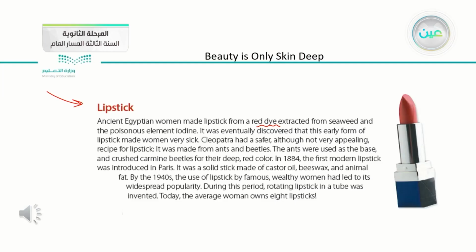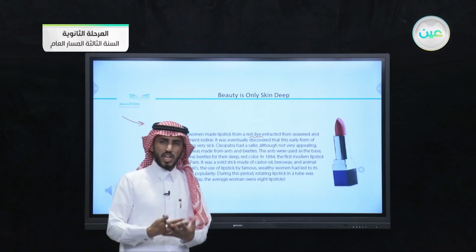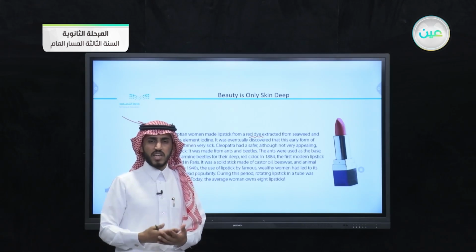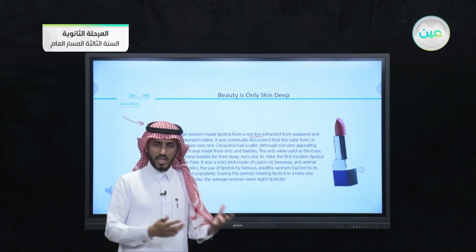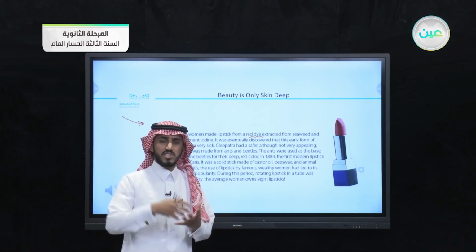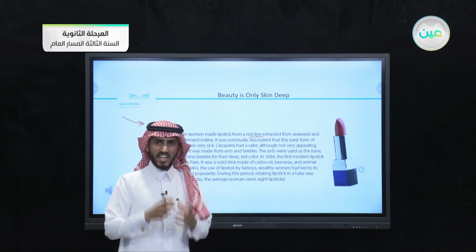Dye is an element that is extracted from seaweed and the poisonous element iodine. The word poisonous means something venomous, something that could kill the person. For example, we say, this snake is poisonous. The snake is poisonous. That means it has poison in its teeth.